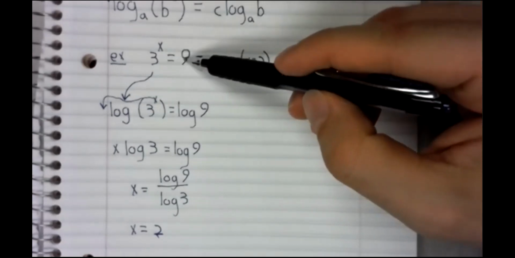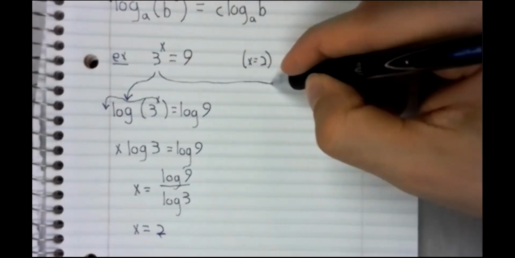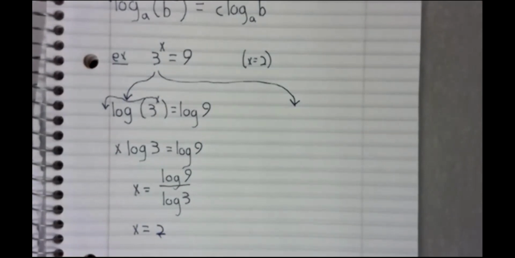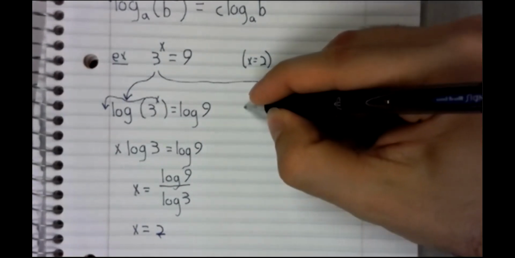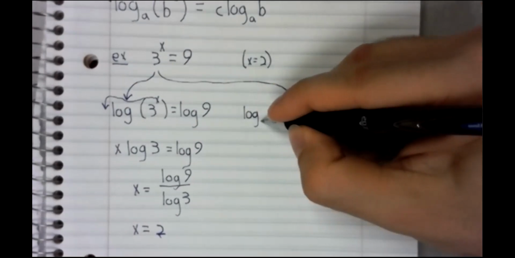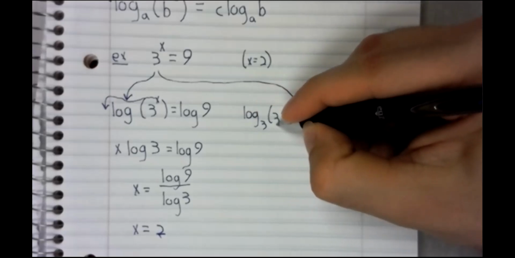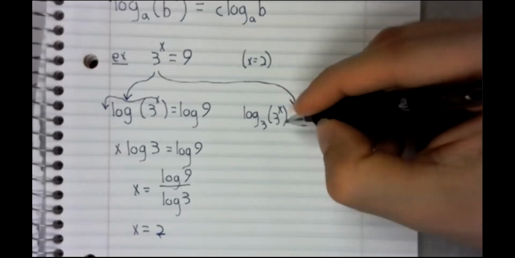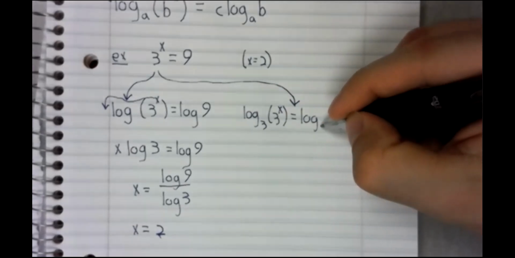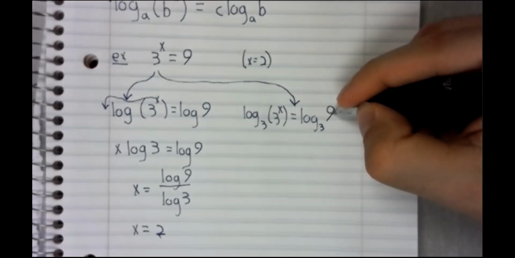Now, there's another way we could have approached this problem. The way we approached a problem like this last week would have been to take the logarithm base 3 of both sides.